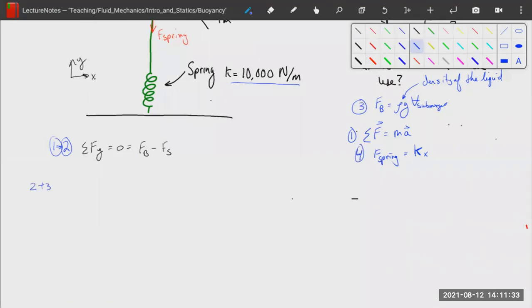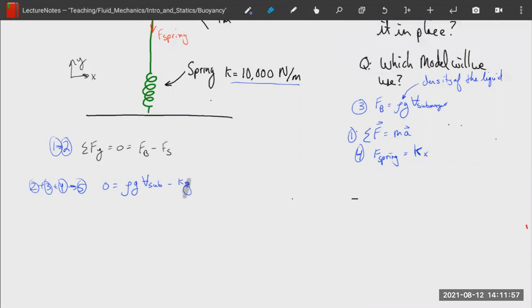So 2 plus 3 plus 4 into 5 gives us that 0 is equal to, we're going to substitute in our buoyant force equation, so rho g v submerged. And then we're going to subtract k, not kg, kx.